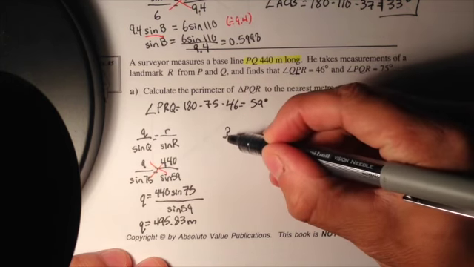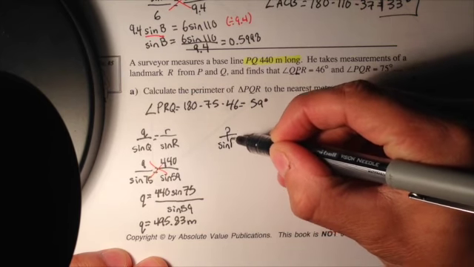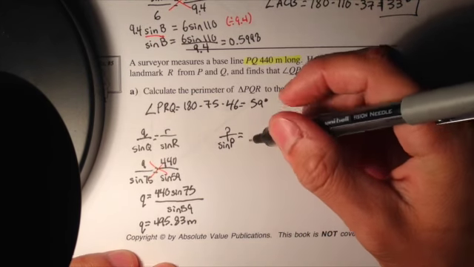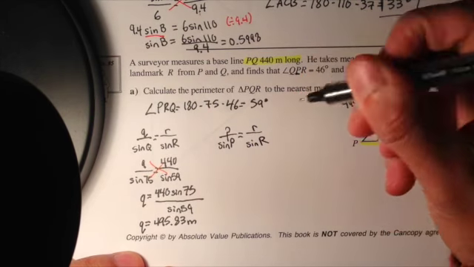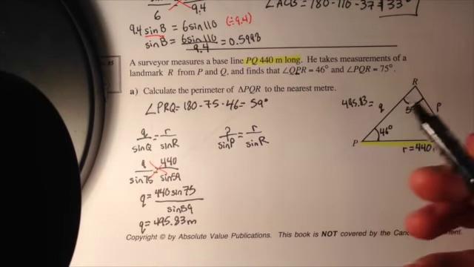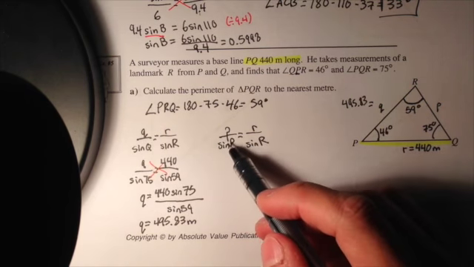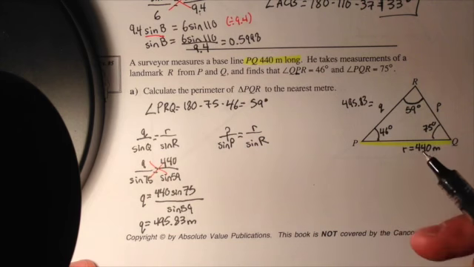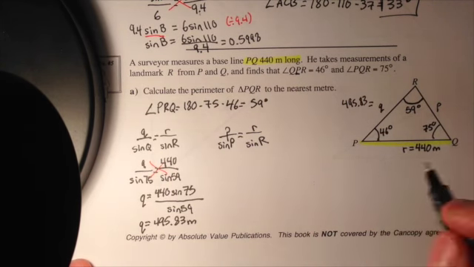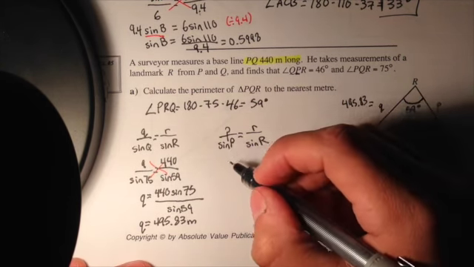And so let's set up our equation. P over sine P is equal to, let's use R again, R over sine of R. Now that we know what Q is, we could say that P over sine P is equal to Q over sine Q, but just because this 440 is a nice number, I like it, so that's what I'm going to use.